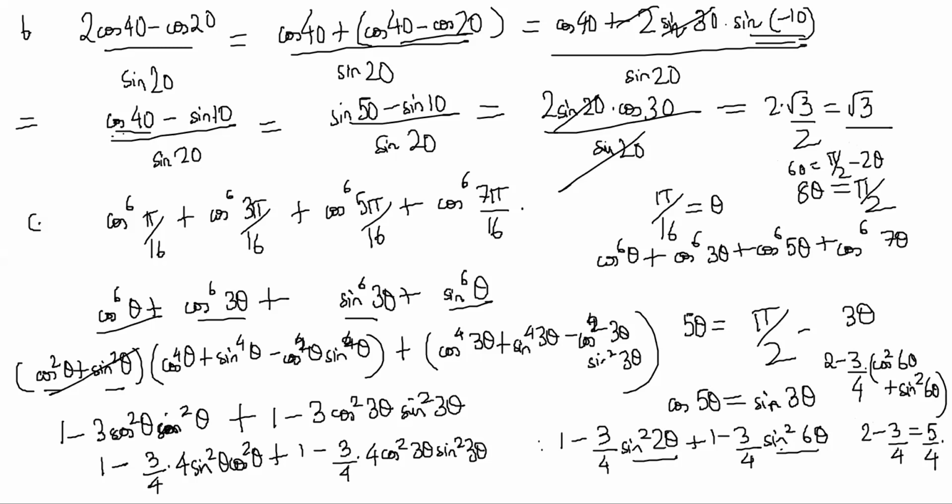So this plus this becomes 1, and 2 minus 3 by 4 is 5 by 4.